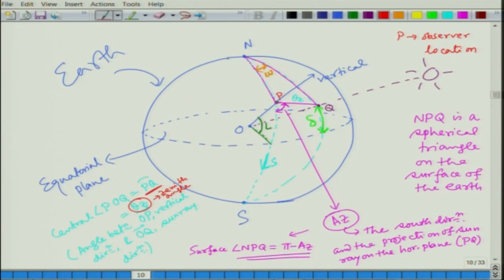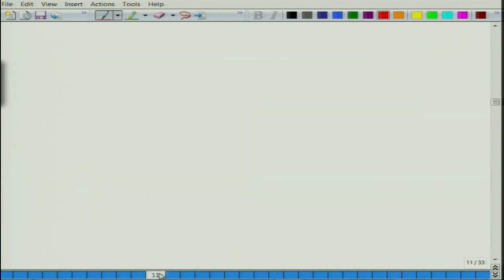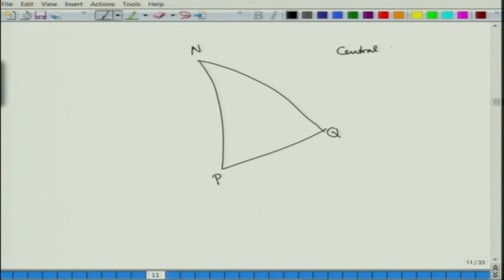So, again, let me go to the next page and draw this spherical triangle again as we did in the last case. This is our north pole, this is our observer location, and this is the point where the sun is radiating normally. Okay. So, what we obtained is that this central angle POQ is our theta z.